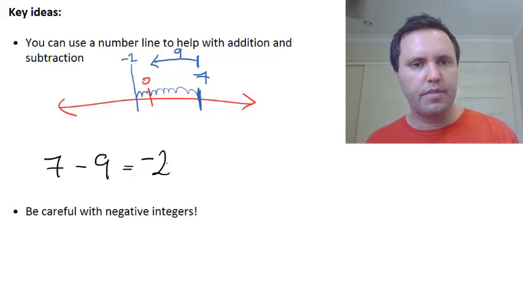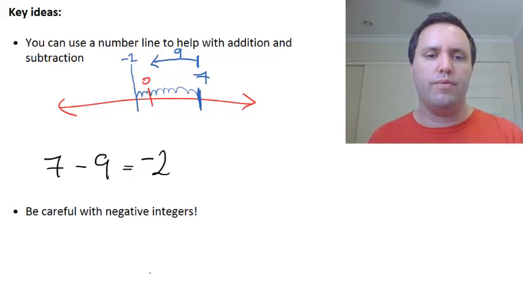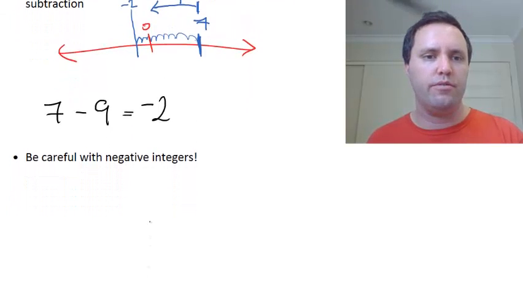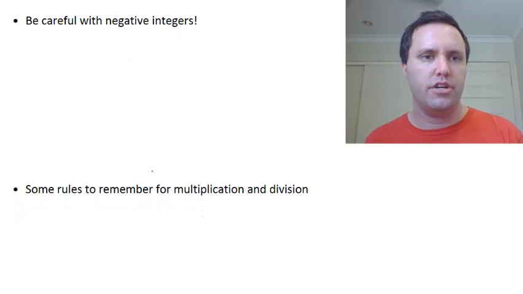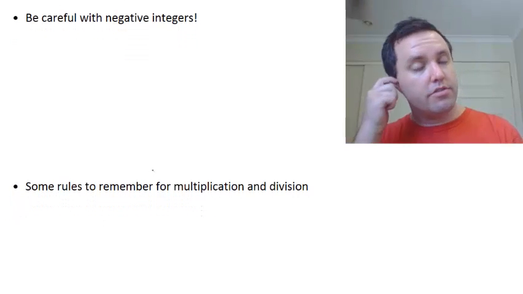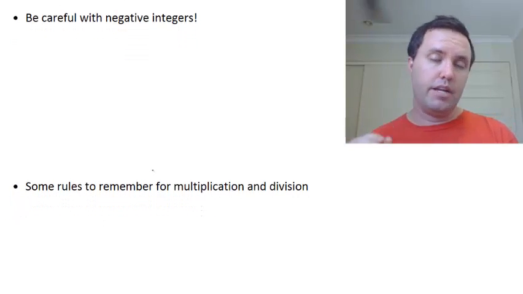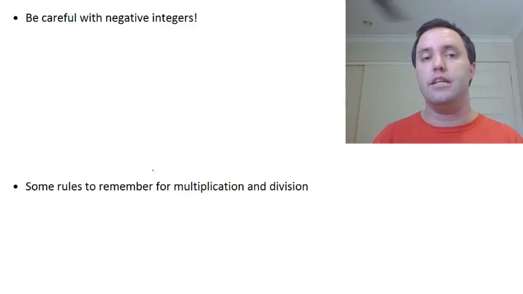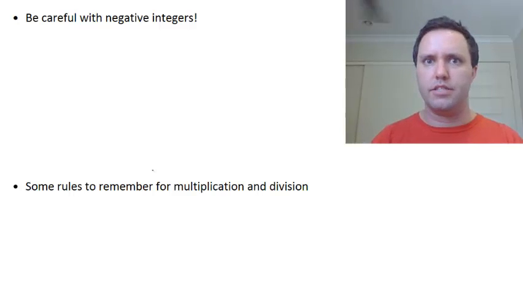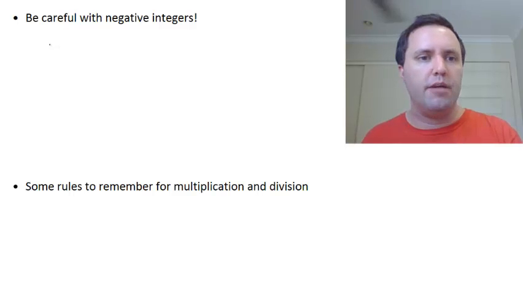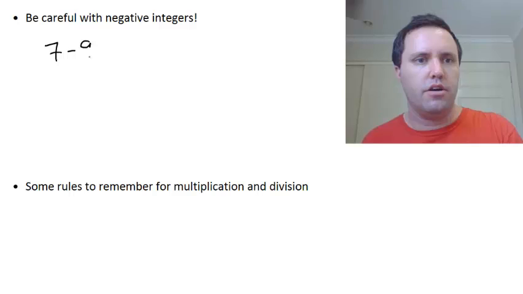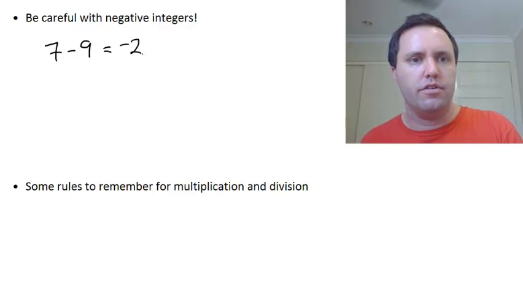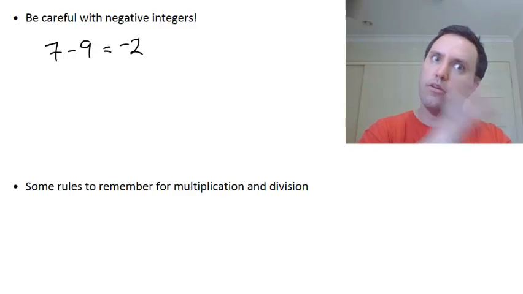Okay? Right. Now, as I said before, we need to be really careful with negative integers. When the number that's being operated on is a negative, things kind of go crazy. As we had before, 7 minus 9 was negative 2. That's fine. You start at 7, you take away 9.